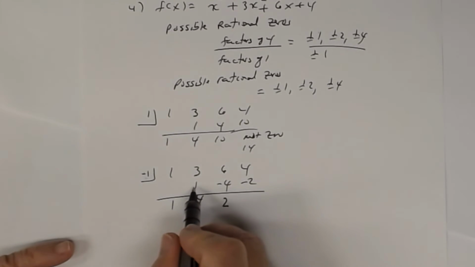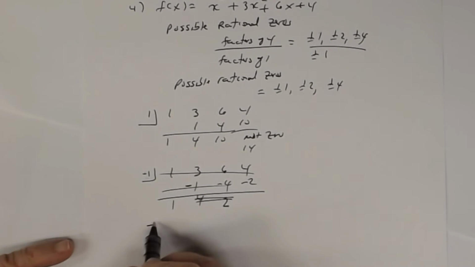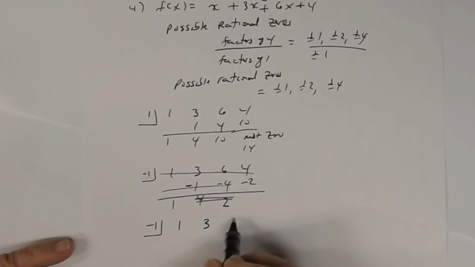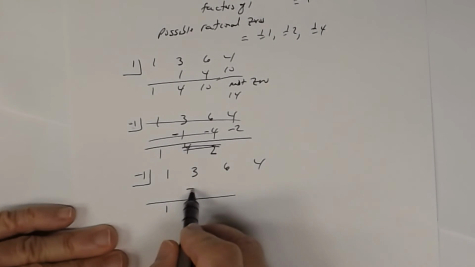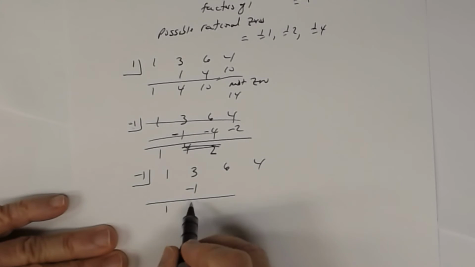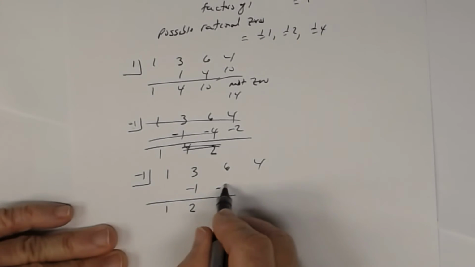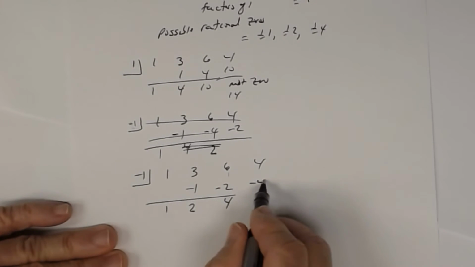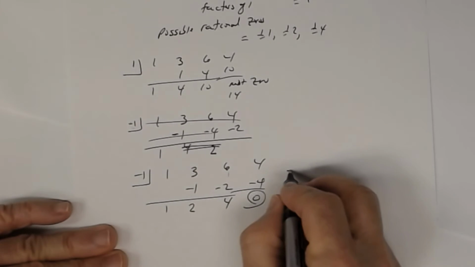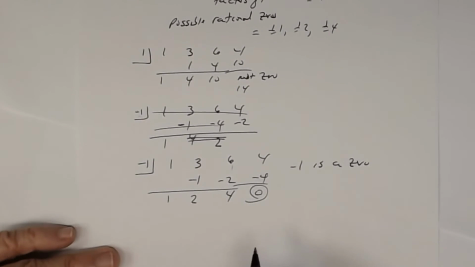Negative 1 times 1 is negative 1. Let me do this over. Negative 1, 1, 3, 6, 4. Bring down the 1. Negative 1 times 1 is negative 1. Add 3 and negative 1, you get a positive 2. Multiply, negative 1 times 2 is negative 2. Add, you get 4. Multiply, negative 1 times 4 is negative 4, and you get 0. So that means negative 1 is a zero, since the remainder is 0.